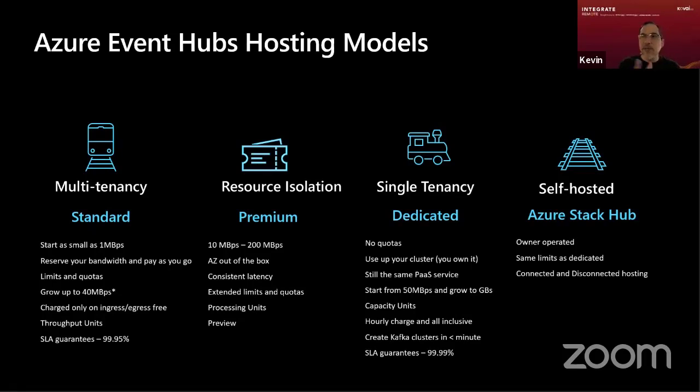They have limits and quotas because you're in a shared pool, a shared resource. You can grow up to 40 megabytes per second. We just recently released that. You're only charged on ingress, not egress. We base standard on throughput units, so that's your scale factor in standard. And we have 99.95 SLA guarantees.